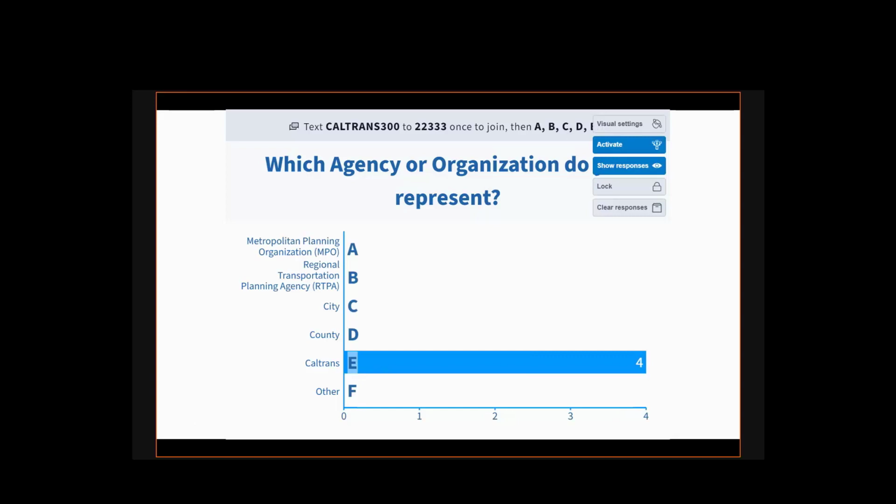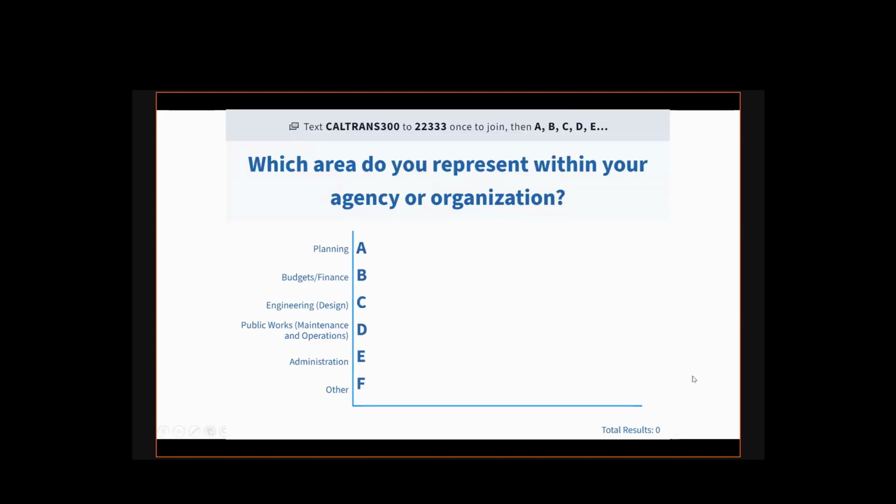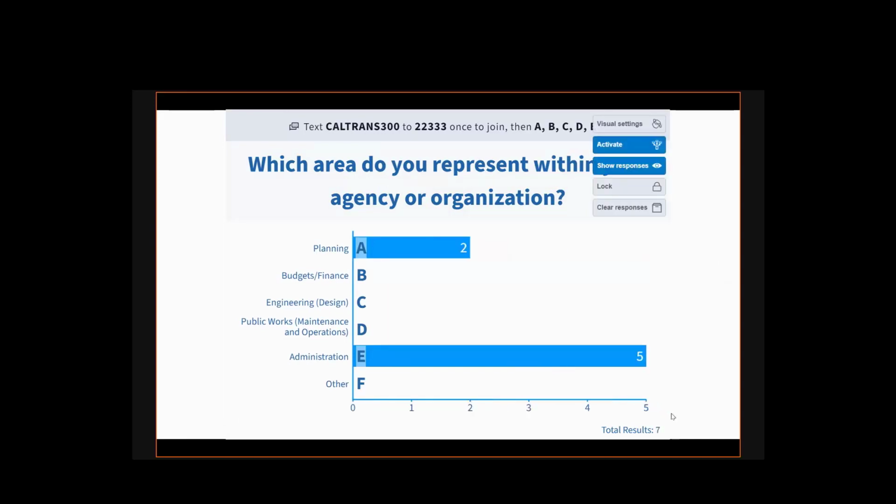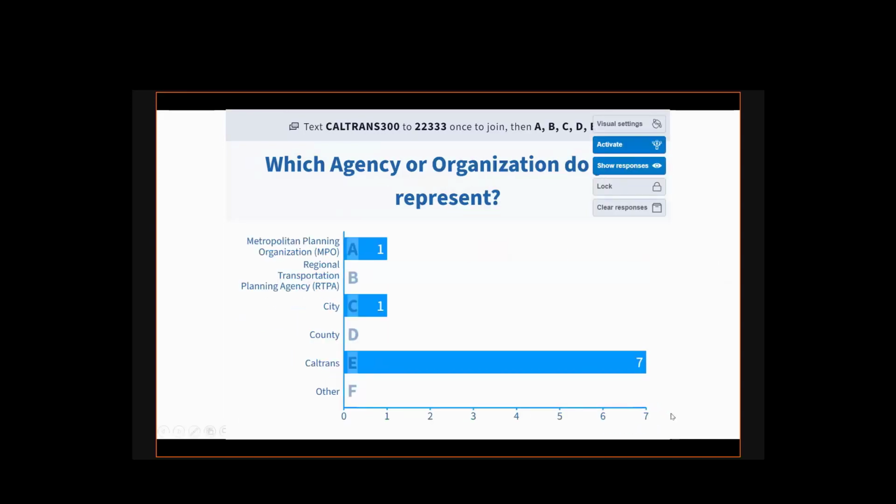Type in Caltrans 300, and then the first question is, which agency or organization do you represent? This is a way for us to see who's doing the polls and who's not, and also who's there. So it's good to see those MPO numbers creeping up a bit, since a lot of this workshop is really germane to the MPOs.